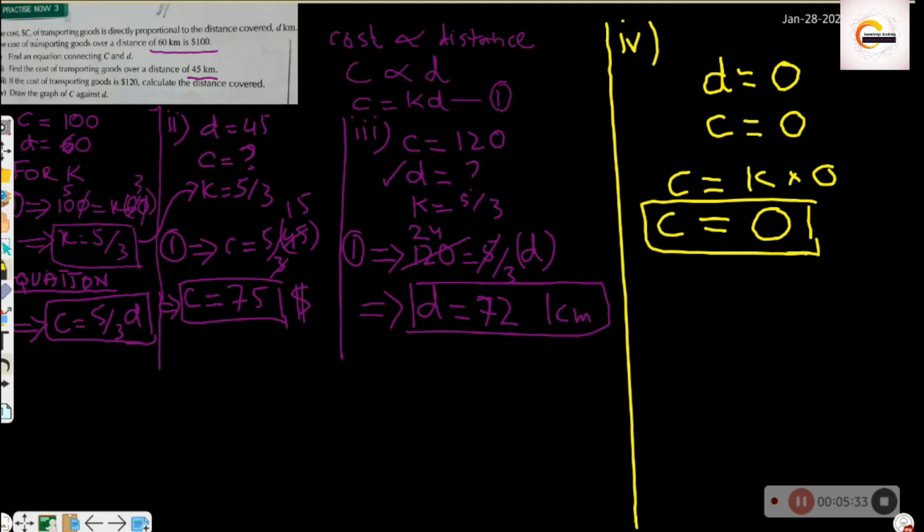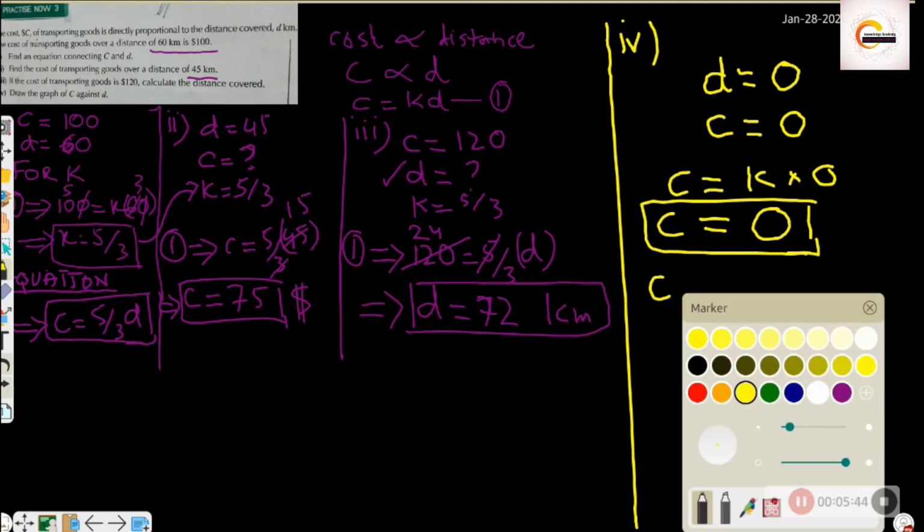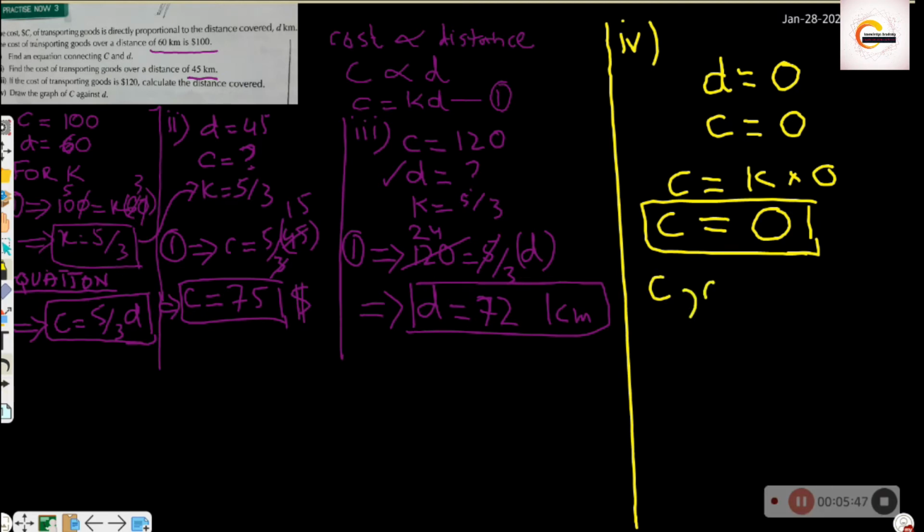So you can see that if the independent variable becomes 0, the dependent will automatically be 0. So one point on our graph is 0.